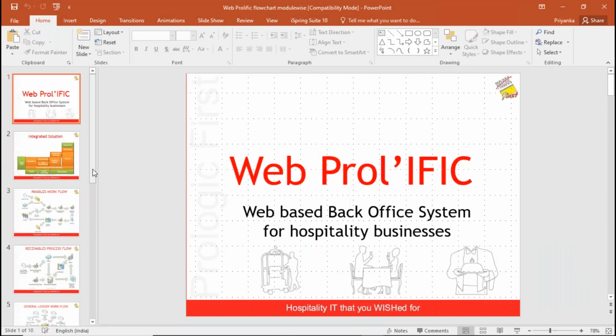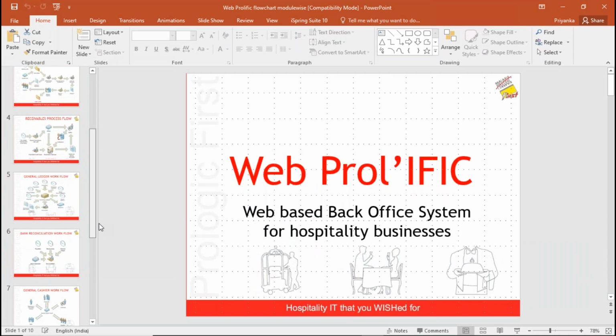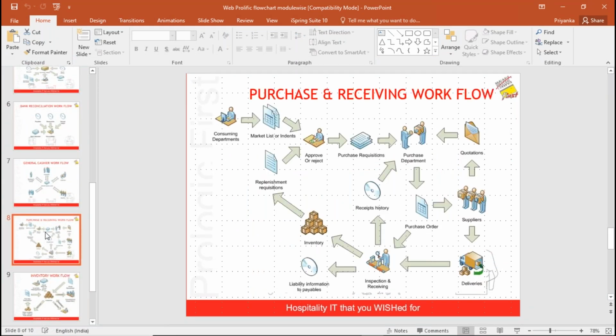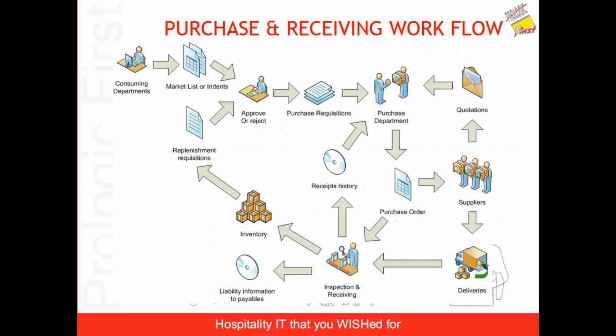If you remember yesterday, this portion of liability information to payables. So after you've taken the receipt, you've inspected and you've received the items, you have replenished your inventory, which means the stock at your store has increased.